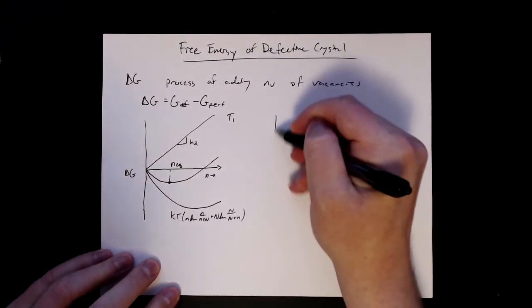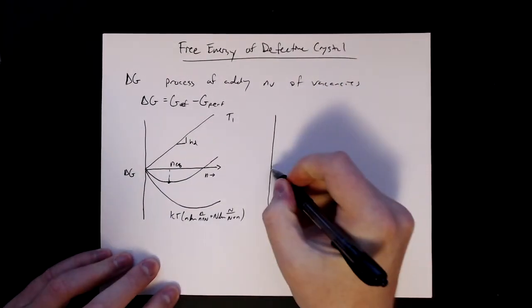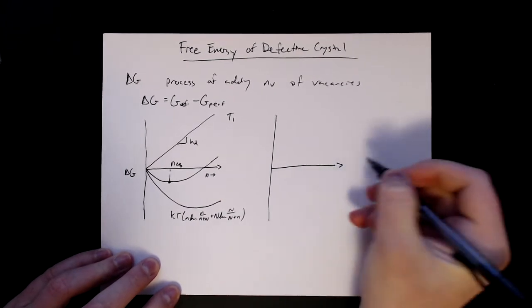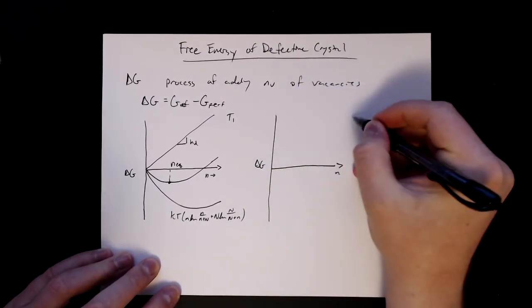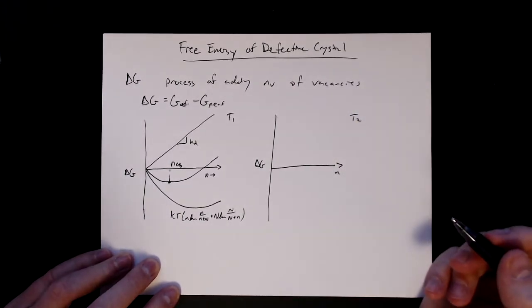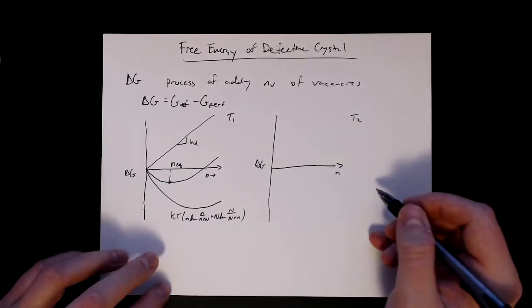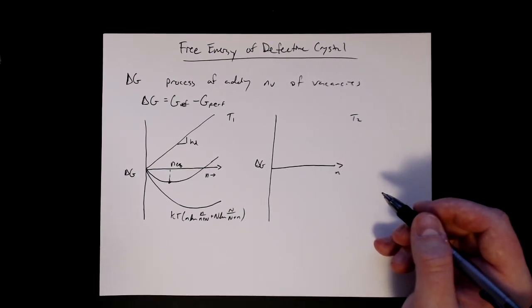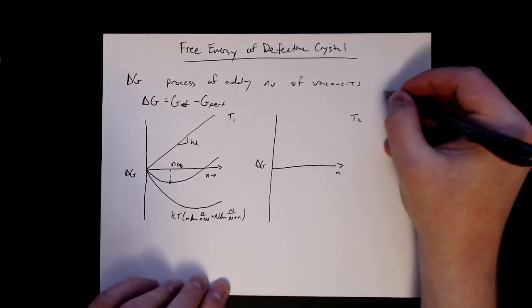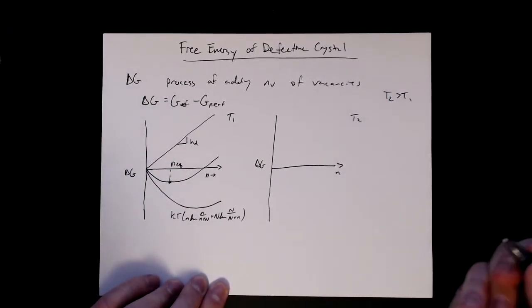Now let's look at a different temperature. Let's plot the same thing in the same way, but now let's plot T2 and look at the difference in temperature. In this case, T2 is higher than T1.